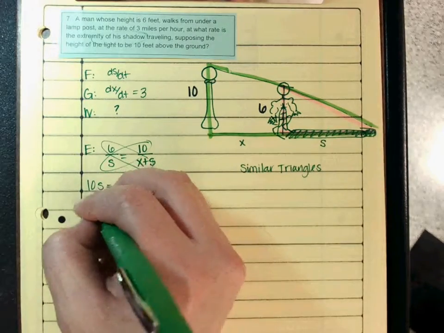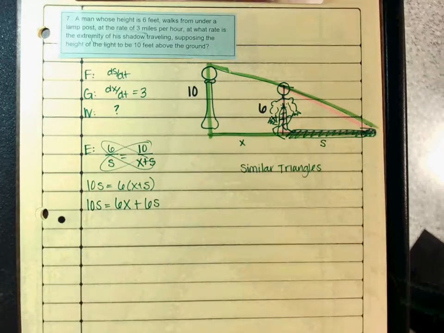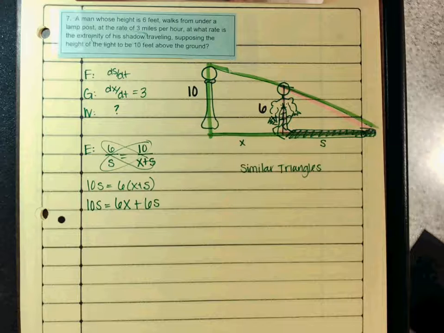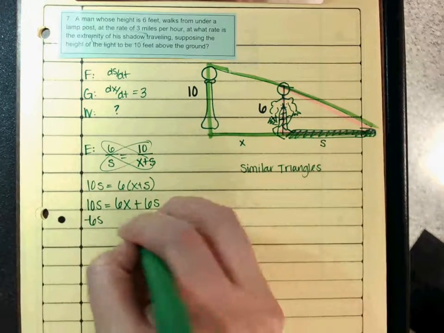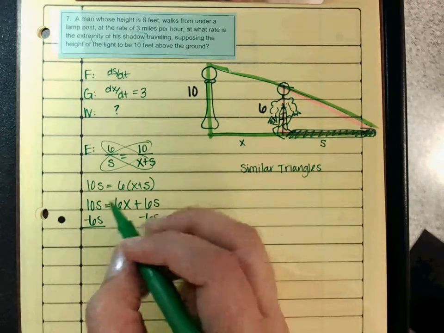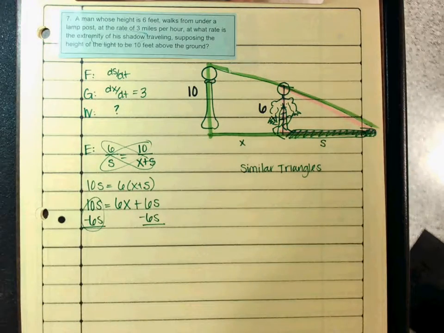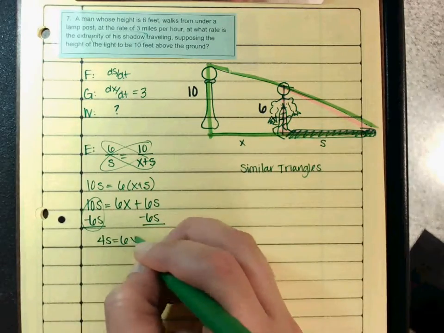So 10S equals 6X plus 6S. Now, I could take the derivative at this point, but I have S's on both sides. That's annoying, so let's get them together. So minus 6S here, minus 6S here. And what is my final equation I'm going to take the derivative of? Combine like terms. So 4S equals 6X.